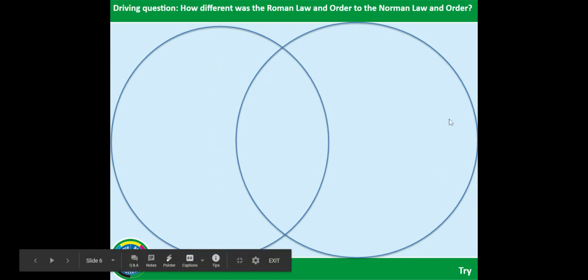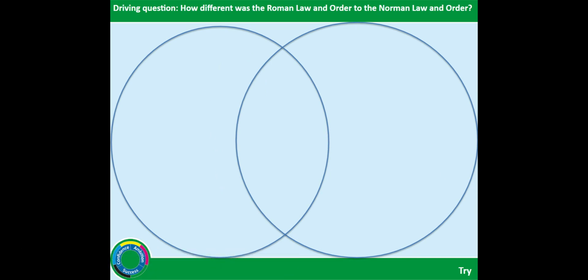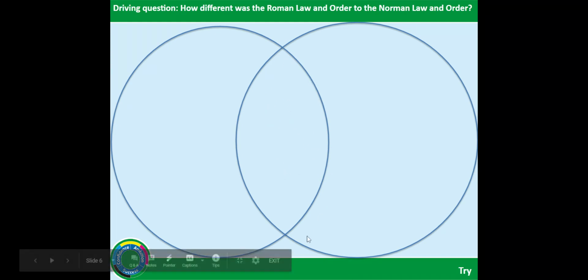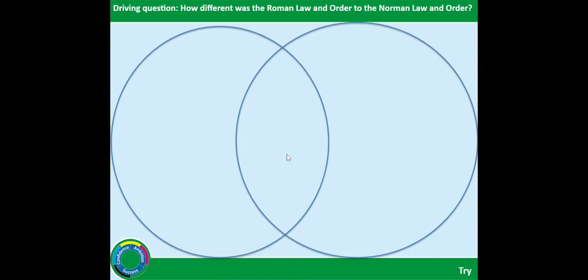If it is a Norman-only law or punishment, it goes here into the right part. If, like the fine, it is the same or similar, then it goes here in the middle, because that means it is both Roman, so this line here, and Norman, this line here.